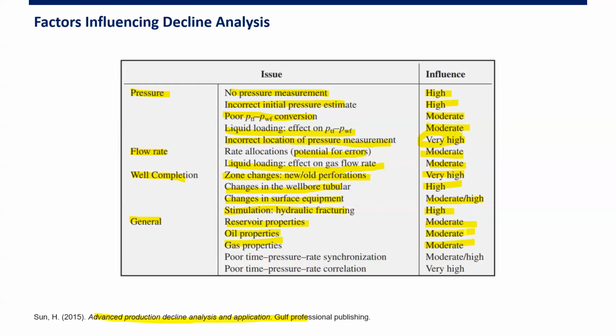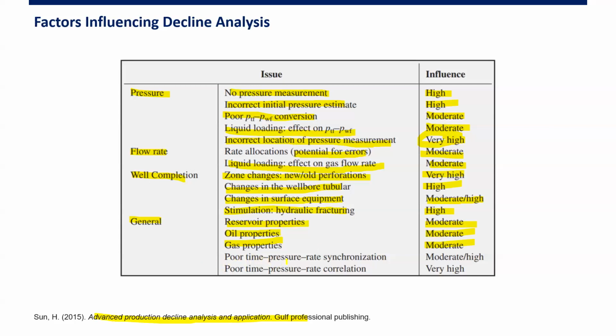Okay, but be careful, moderate is not low impact, it's moderate. All right, and basically you want to avoid even those moderate influences. Okay, because of course you want to get a correct and accurate forecast, right? So basically we need to avoid all of these issues.